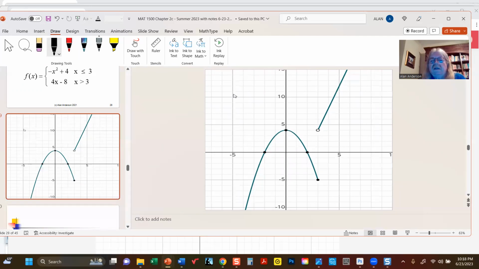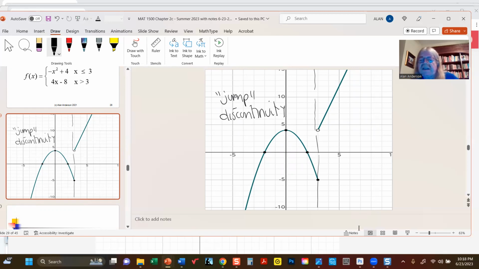Okay, so this is the so-called jump discontinuity. Jump meaning there's a gap. It's like you're jumping from one level to the next when you reach this point, x equals 3. And so even though there's a left and a right-handed limit, they're not equal to each other. And that's why they're discontinuous.